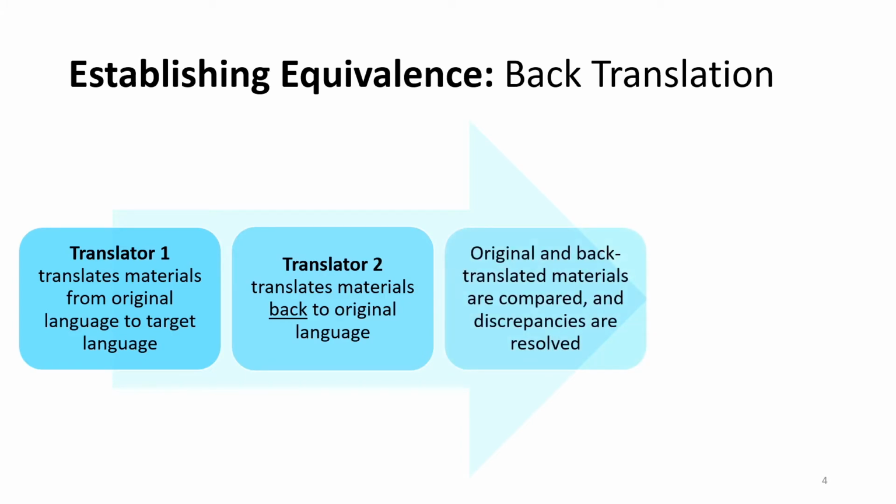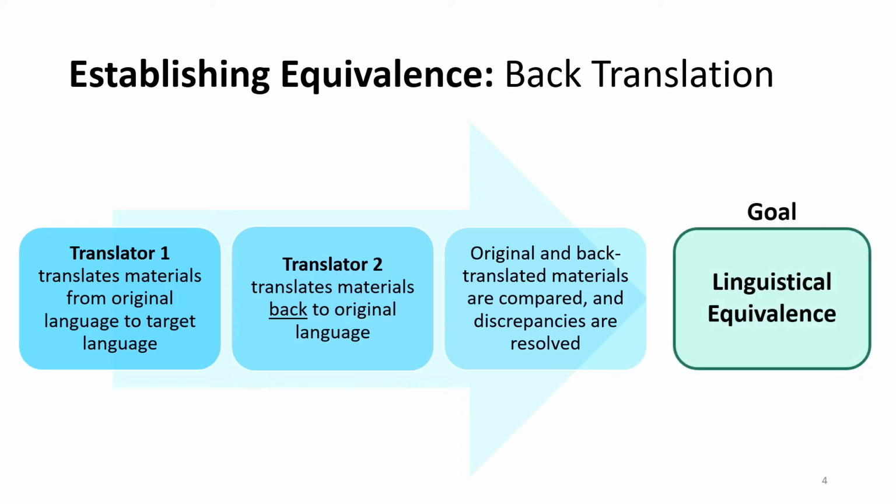And then you compare the original and back translated materials together, and then see if there are any differences. If you compare, like, pop the trunk, and you see in the translated materials, when you get back to English, it means shoot up the trunk, it's like, okay, something needs to be changed in that item. The goal of this back and forth is to establish linguistic equivalence, or that the meaning of the language you're using is equivalent across the cultural contexts that you're looking in.